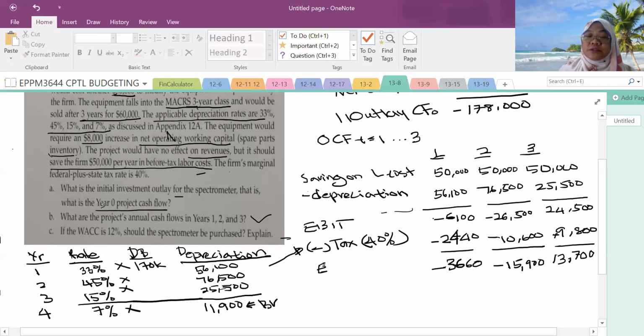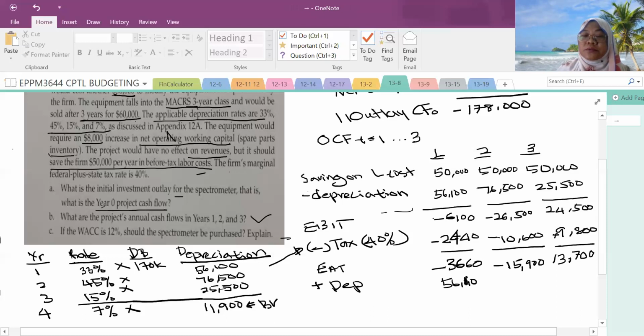This is the earning after tax, and then you are going to add back the depreciation, exactly the amount that we have above.